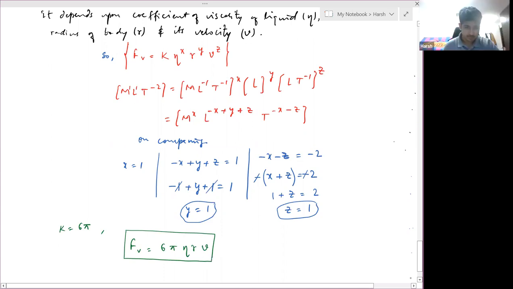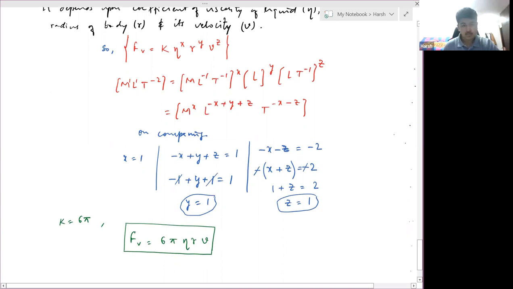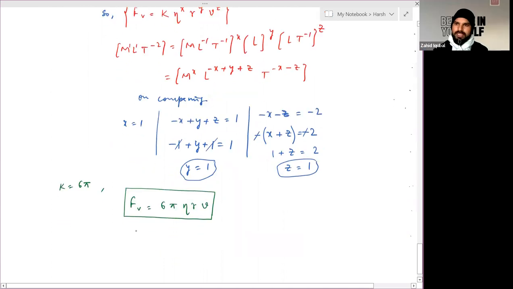Okay, sir. Now in this part, 6 pi will be constant. Eta, the coefficient of viscosity, will also be constant. And the radius, this entire term will be constant. Only the variable part will be velocity. So this whole constant term we take as B. This B is responsible for damping, or causing opposition to that particular object.